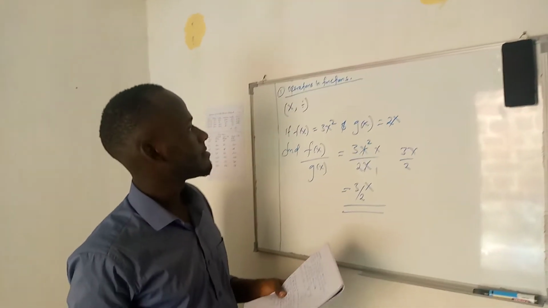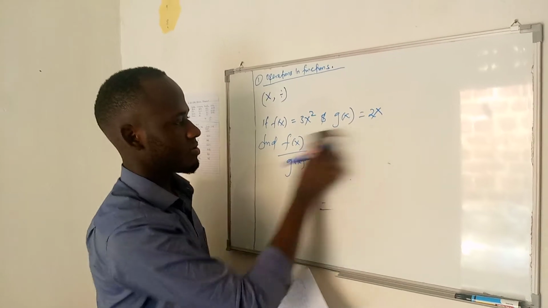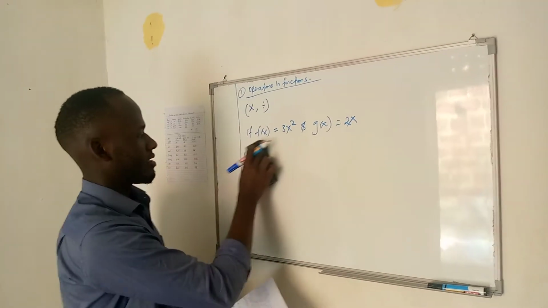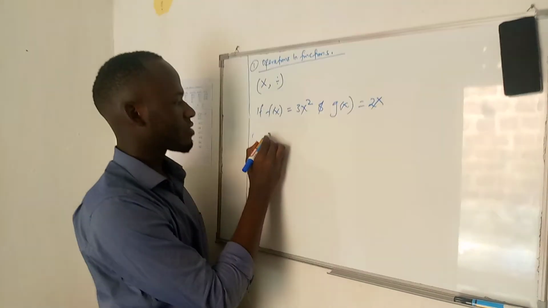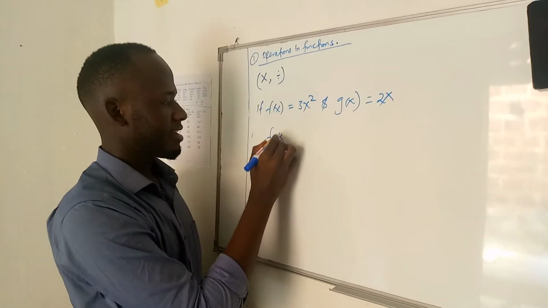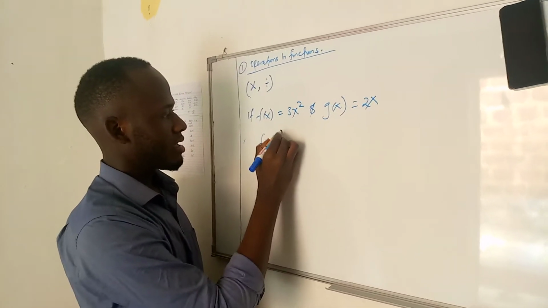And then for multiplication on the same example, a multiplication sign as far as functions are concerned, is either a dot or something like this.